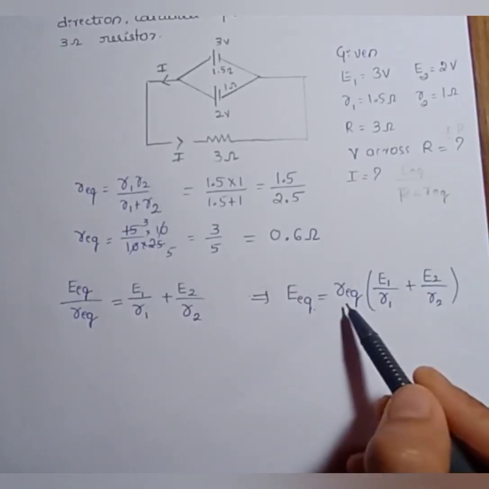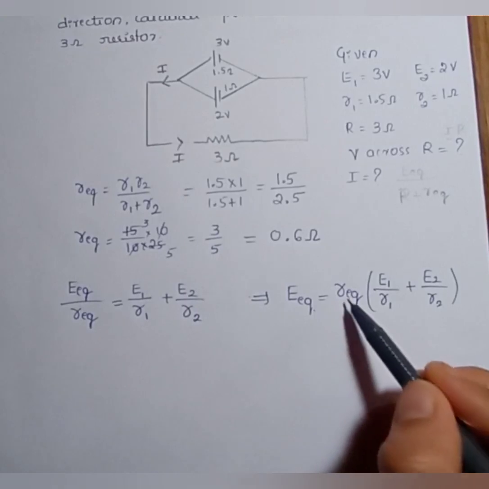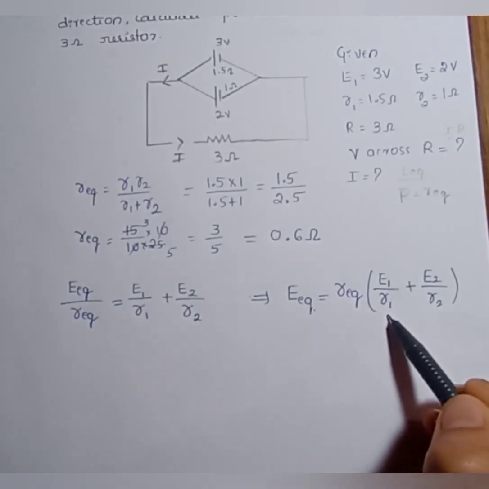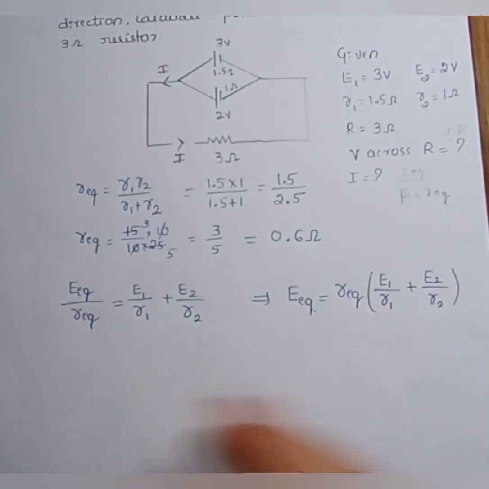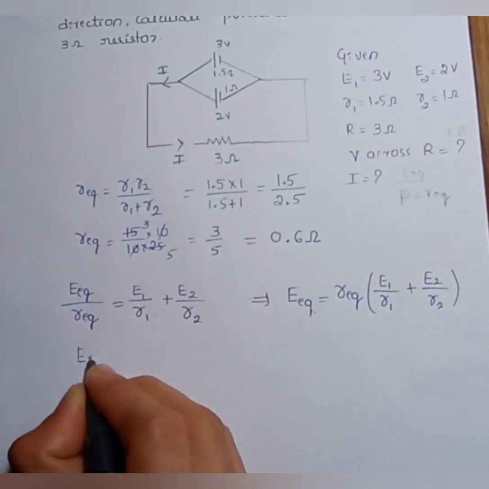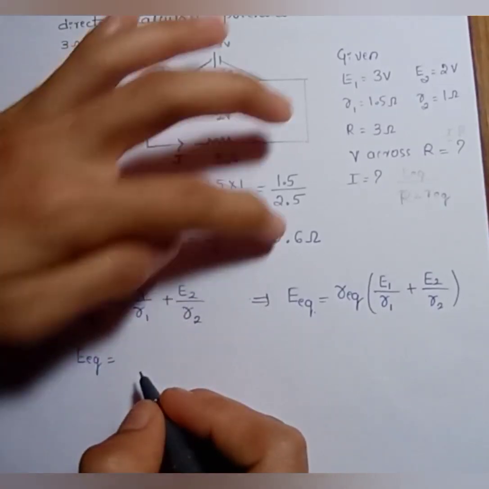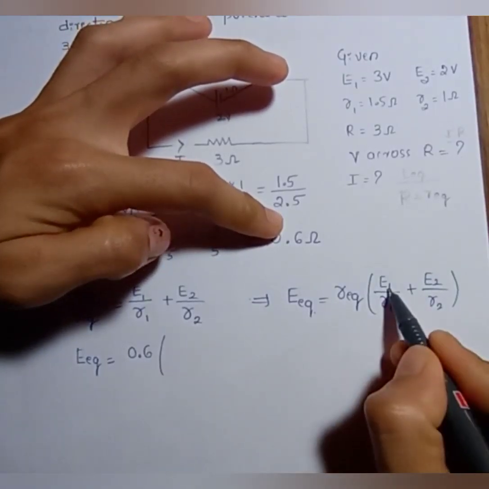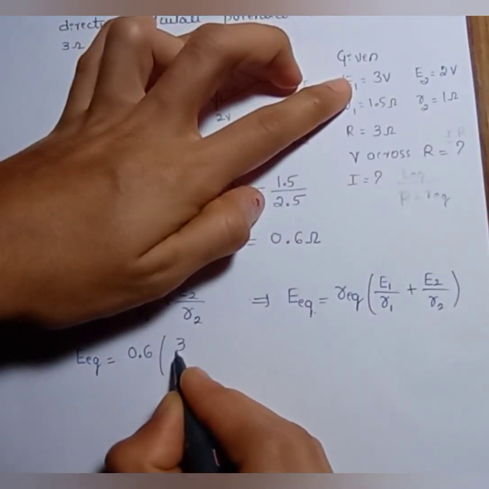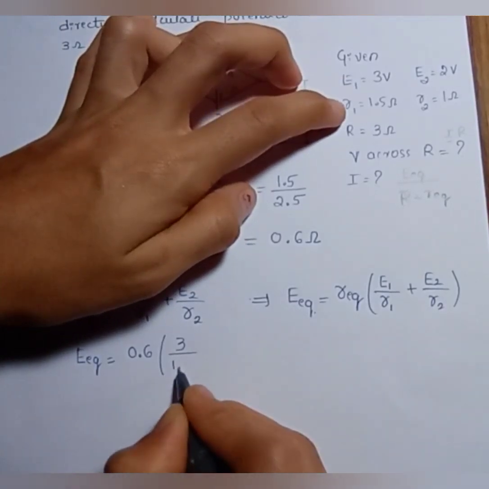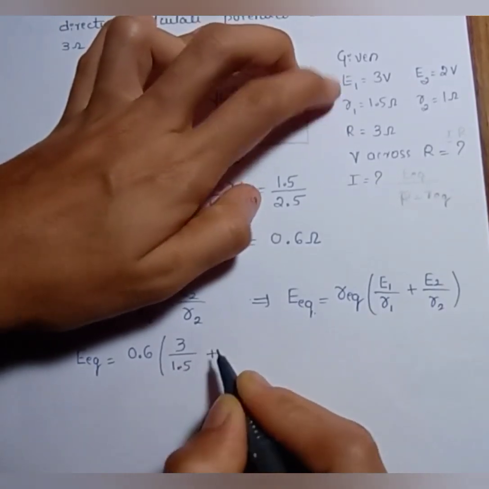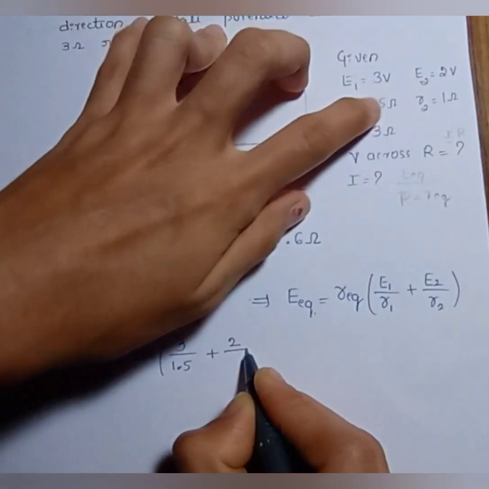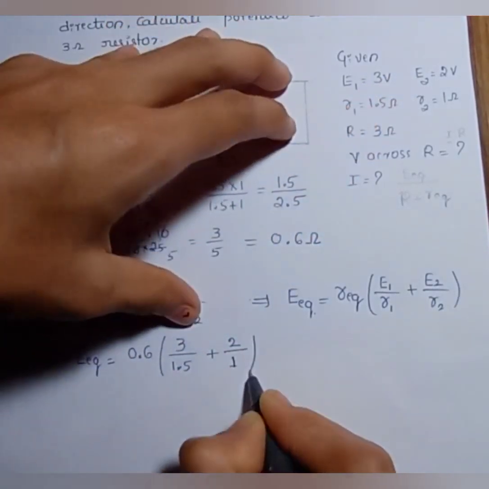Now E equivalent by R equivalent is equal to E1 by R1 plus E2 by R2, which implies E equivalent equal to, by cross multiplication, R equivalent into E1 by R1 plus E2 by R2. Therefore, E equivalent is equal to R equivalent value 0.6 into E1 value 3 divided by R1 value 1.5 plus E2 value 2 divided by R2 value 1.